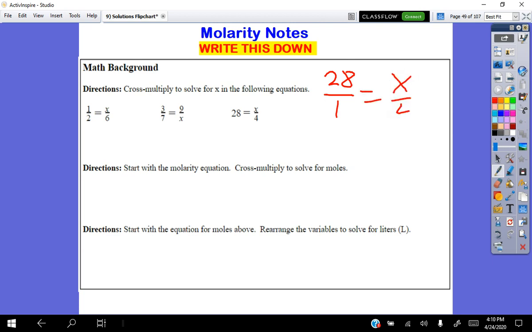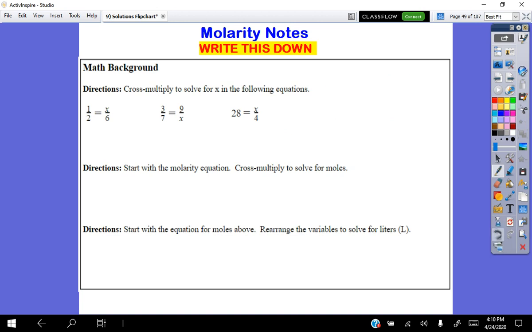And now that it's a fraction, I can cross multiply. 1 times x is x, and then in the calculator, 28 times 4 is 112. So you can still solve and cross multiply the exact same way. I just did 28 times 4 and 1 times x.